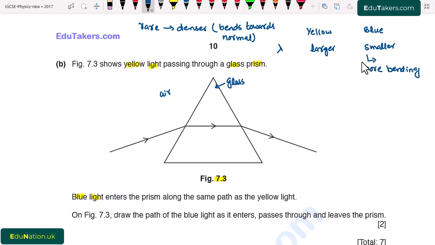And when this ray enters from a denser into a rarer medium, it bends away from the normal.